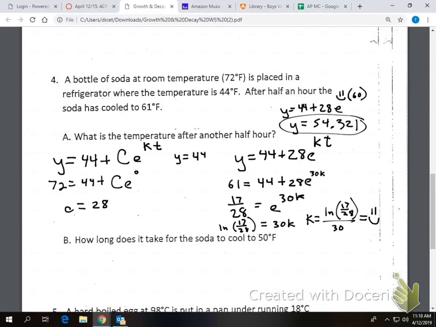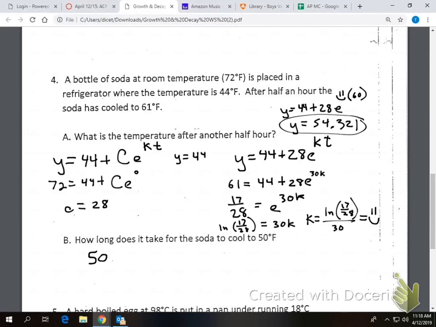B. How long does it take for the soda to cool to 50 degrees? So this time you know Y, you don't know T. So I would do B by saying I know Y is 50.